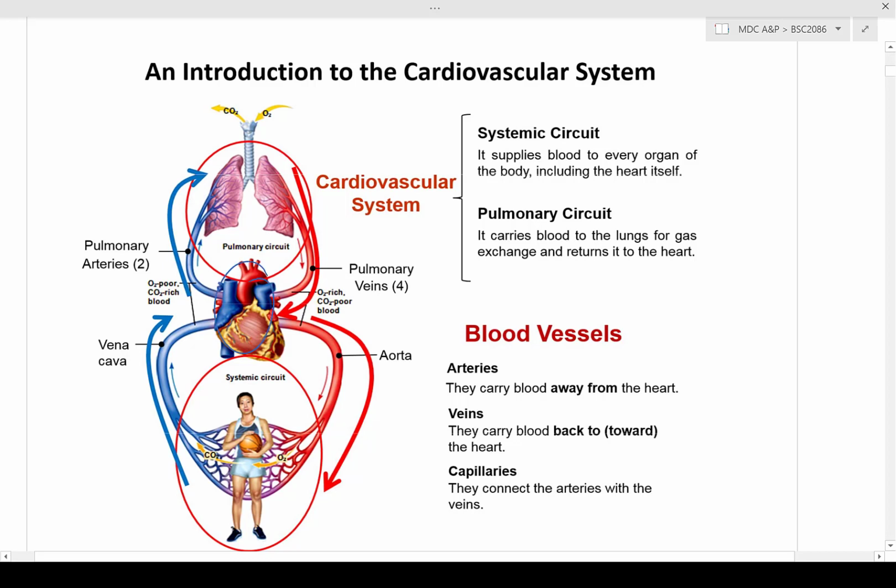So the heart connects both the pulmonary circulation and the systemic circulation. You guys get it? So there are 2 circulations which are connected by the heart, and the heart works as the main pump for these things.